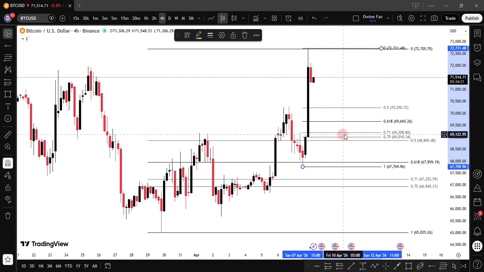Here's a very big fair value gap. So where I would buy is on this region. If I buy on that region 6928, then my sell would be down here 67 to 52.